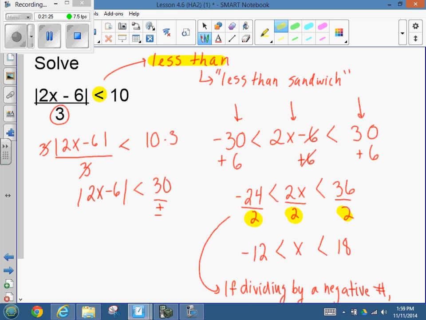We created the less than sandwich by starting with the negative result and then the positive result using less than symbols and then sandwiching what is inside the absolute value for our problem here. And that is how you solve absolute value equations with an equal sign and absolute value equations with an inequality.